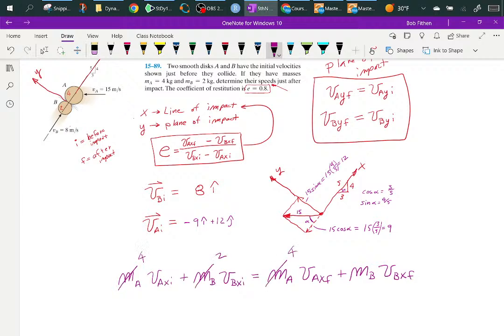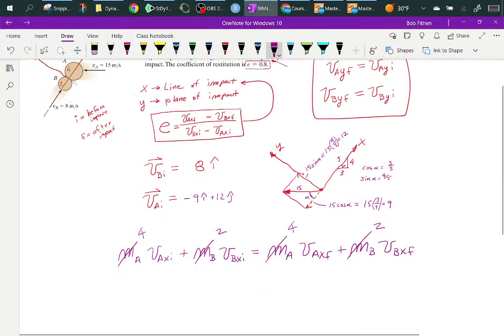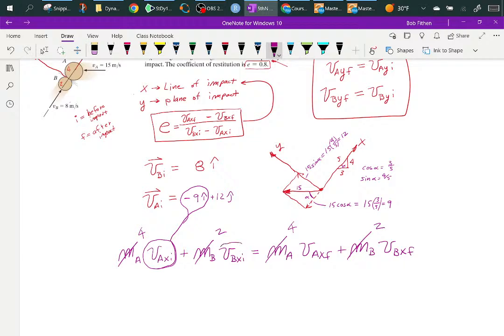This is still 4. This is still 2. So now, VAXI, VBXI is that.